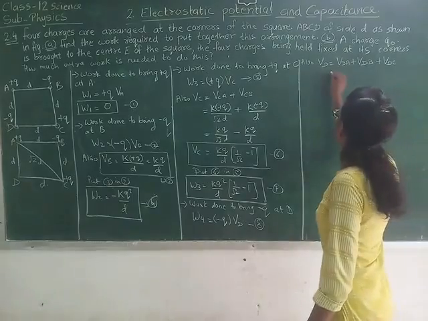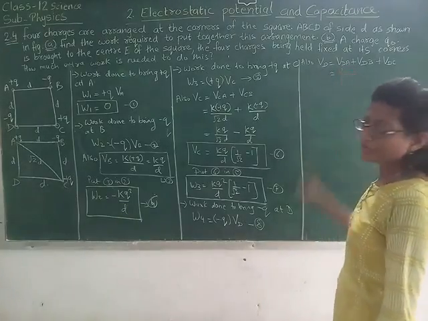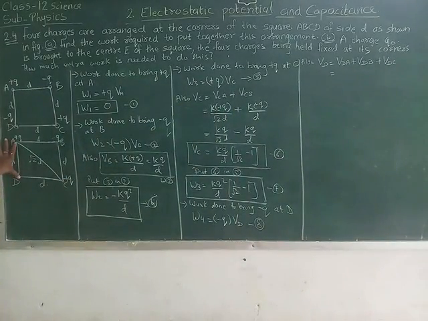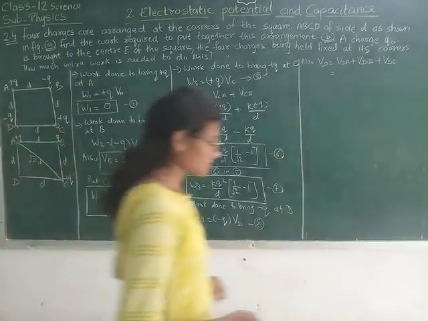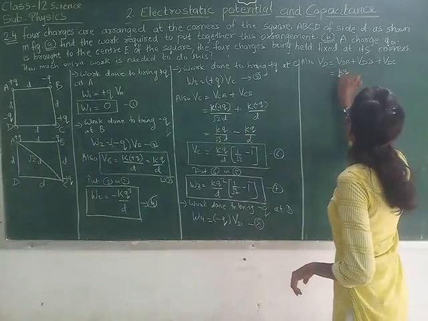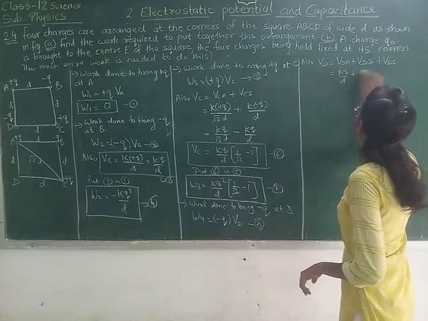Right? Now, potential at D due to the charge at A. Right? At A, what charge we are having? Plus Q. So it will be KQ upon distance between A and D, that is D. So K plus Q upon D, let us write KQ by D. Right?